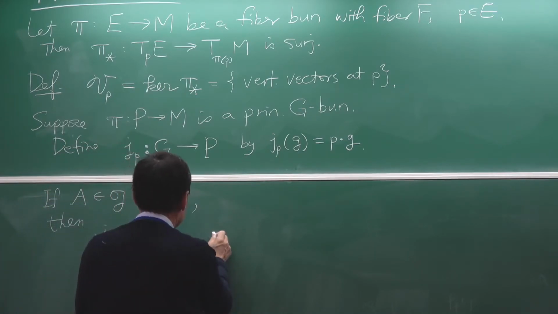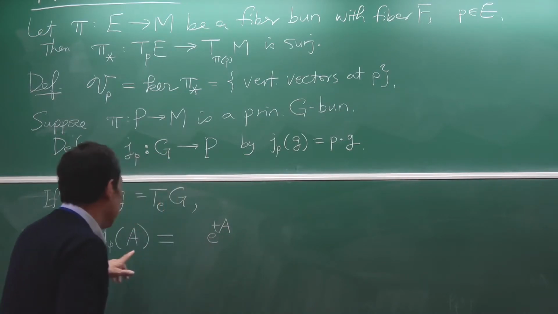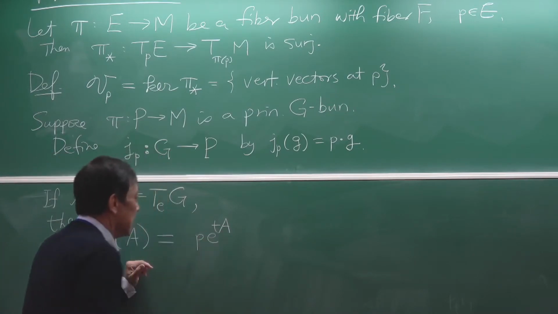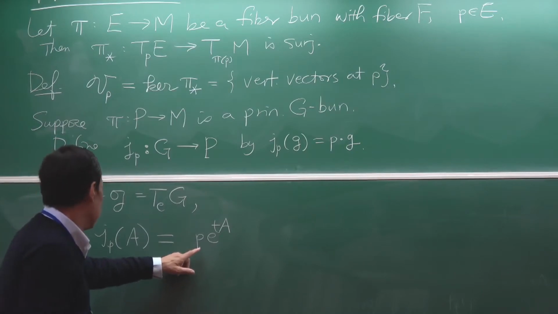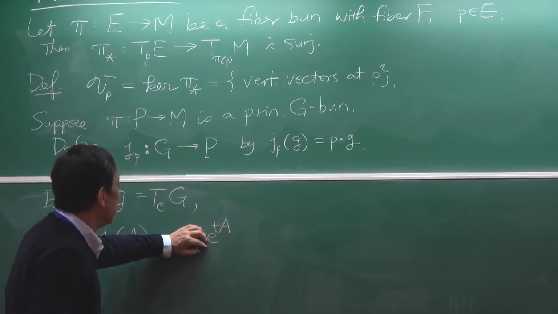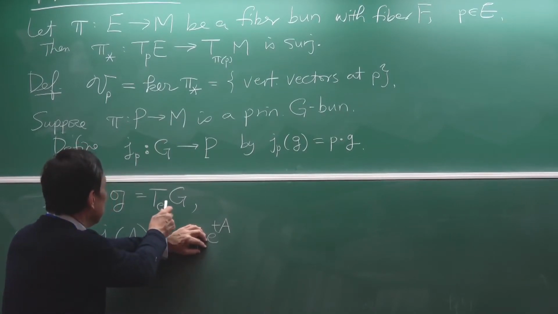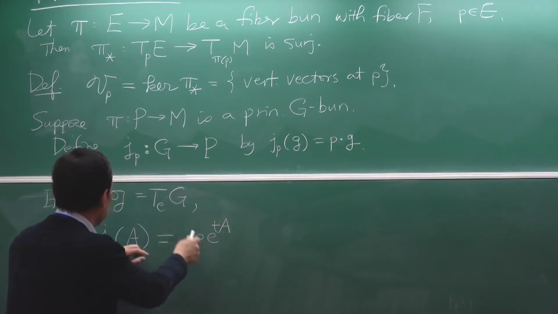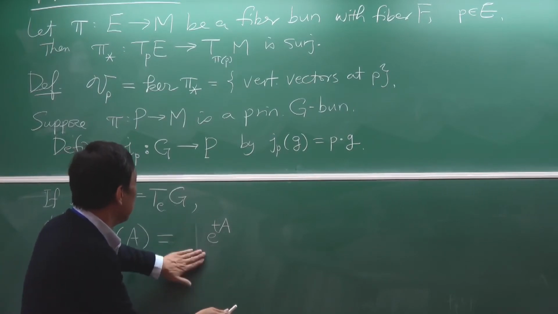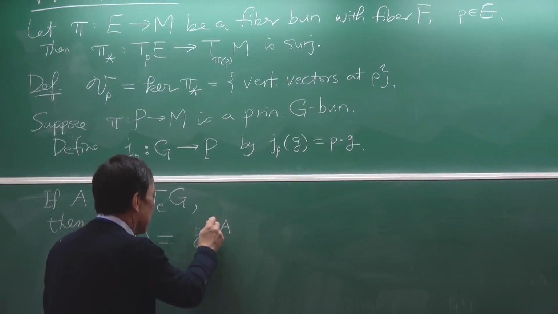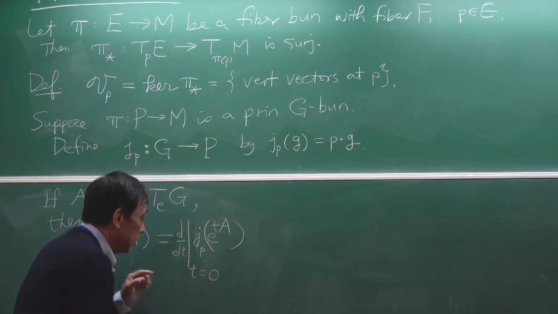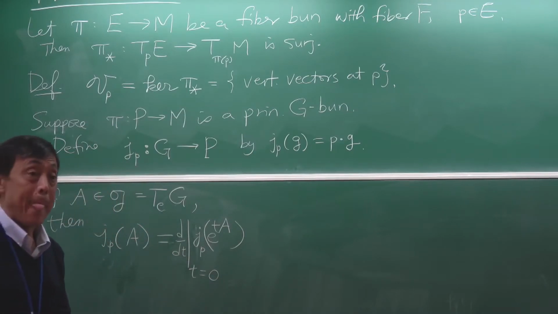You take the curve e to the tA, which is a curve through the identity with initial vector A, then you apply J_p to it and you differentiate. That's how you calculate the differential.